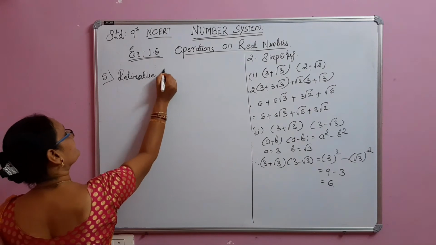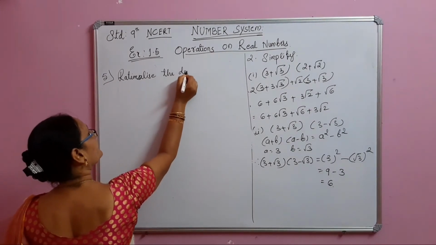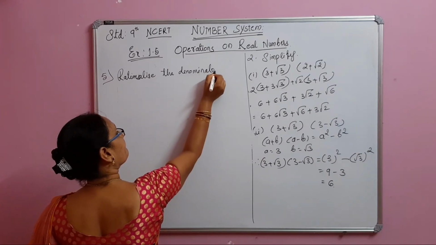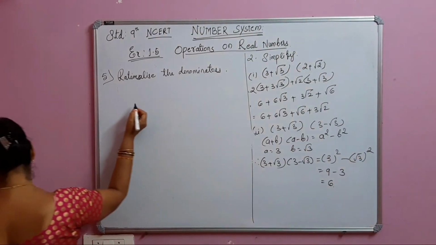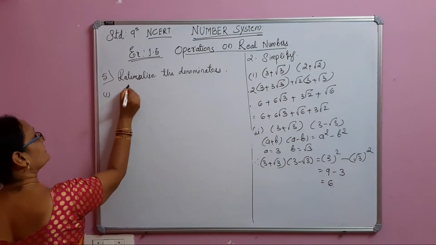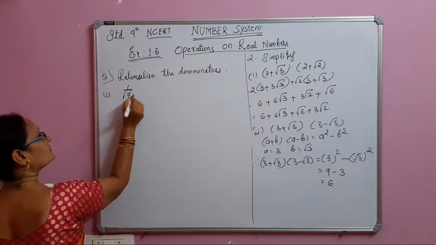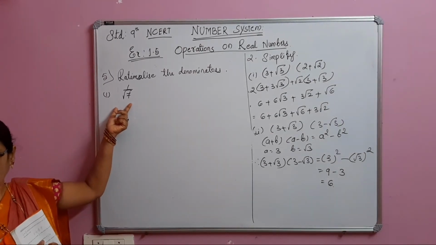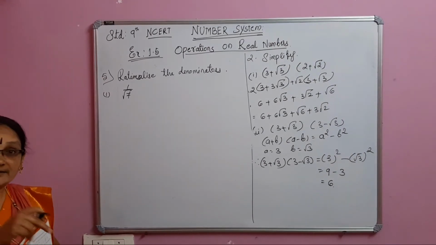Here see, the first one is 1 by root 7. Here the denominator is what? Irrational. That we have to make rational.